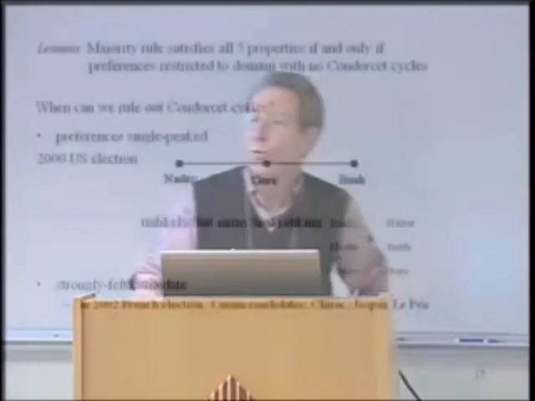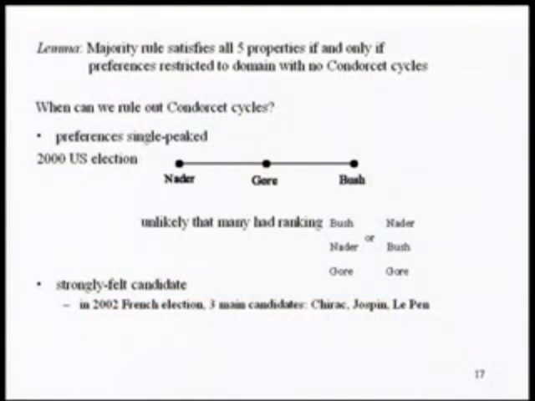We can also rule out Condorcet cycles if there is what can be called a strongly felt candidate. So in the French election of 2002, there were 3 main candidates: Chirac, who was the incumbent, Jospin, who was the socialist challenger, and Le Pen, this ultra-right-wing candidate.